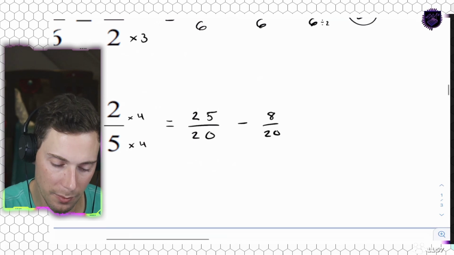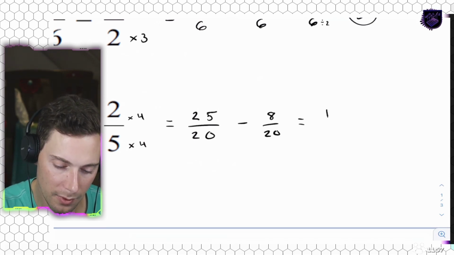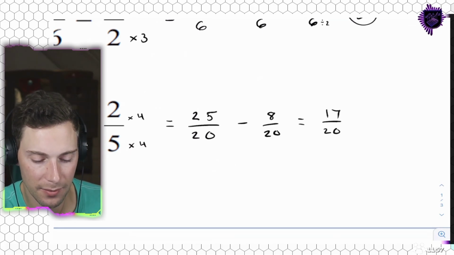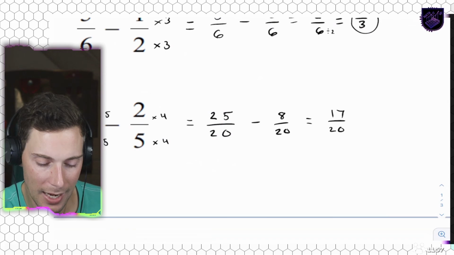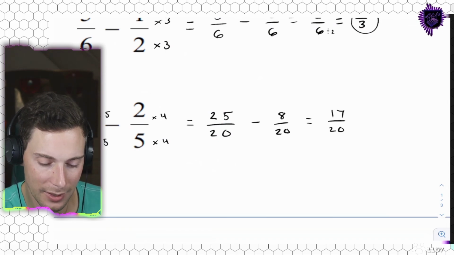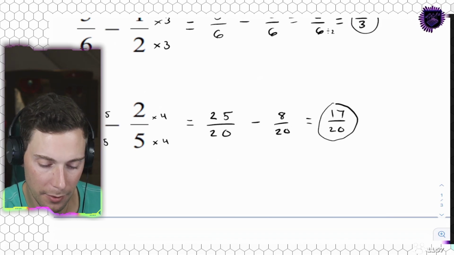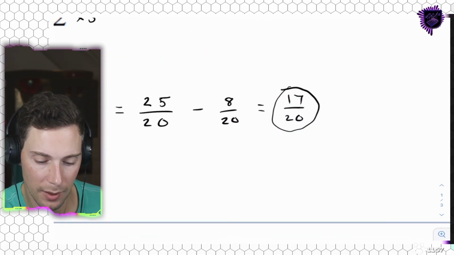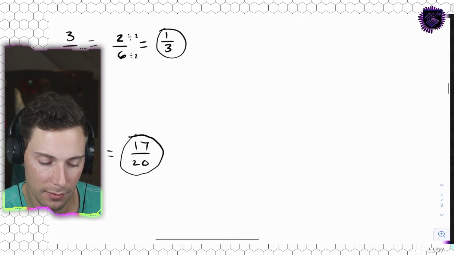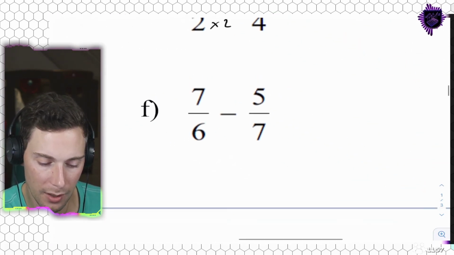So this is going to be equal to 17/20. 25 minus 8 is going to equal 17. That's it. That's our answer. You can't simplify that. They don't have a common factor other than 1.